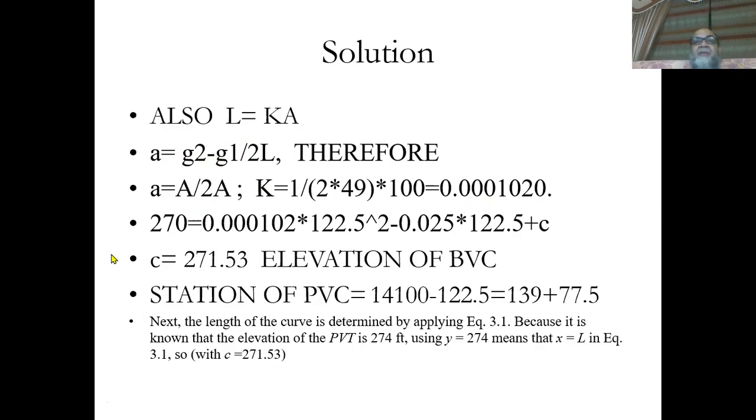And then if you put it in the fundamental equation, we can find the elevation at the beginning of the curve. Sometimes we get confused about BVC or PVC. It's the same. Some literature says BVC, the beginning of vertical curve, and most of the literature says PVC, the point of commencement of vertical curve.